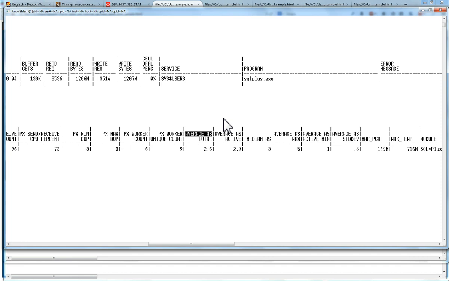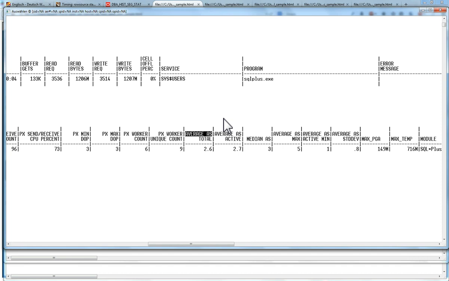And if you have samples that are related to recursive activity with different SQL identifiers, as I've outlined in the initial part of this tutorial, then this will show up in different sections of the output.